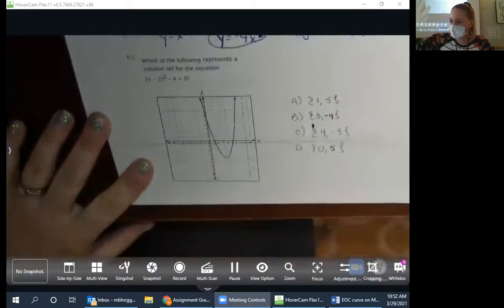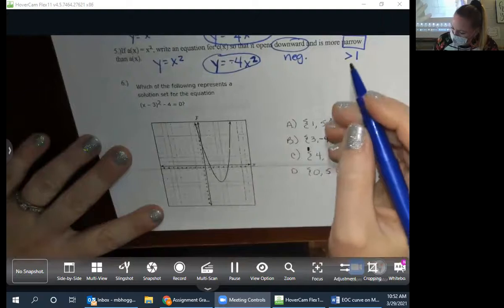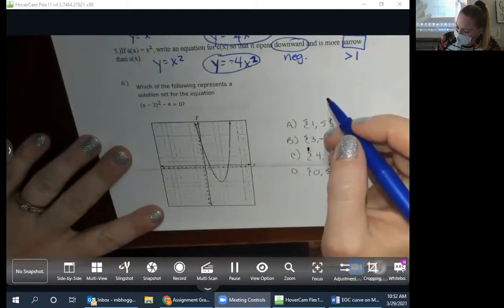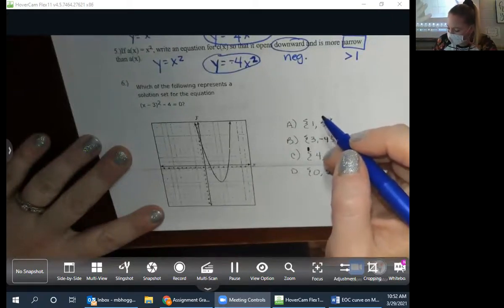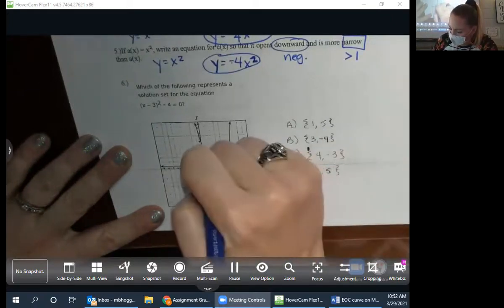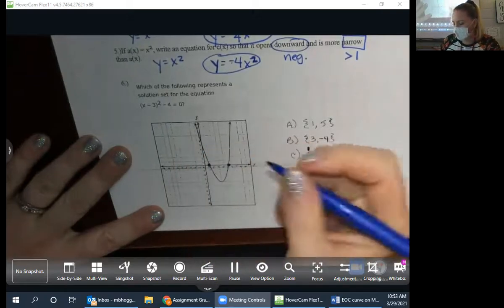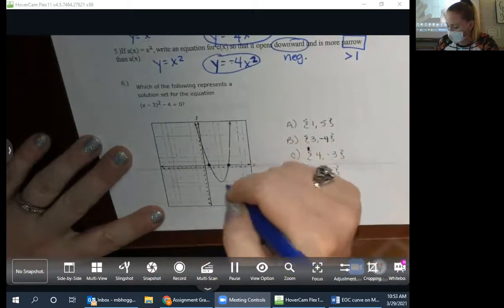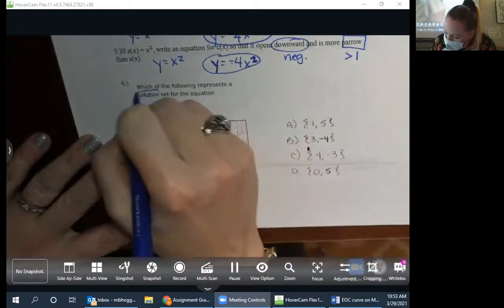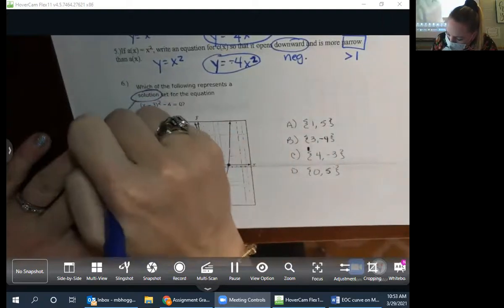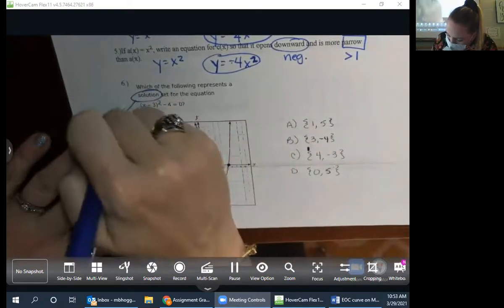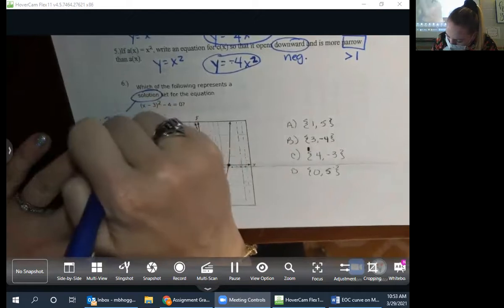Number 6. It said, which of the following represents a solution set for the equation? Well, this one's easy because they graph it. So all you need to do is put a dot at the zeros on here. Where does it cross the x-axis? Another name for solution is a zero or an x-intercept or a root.